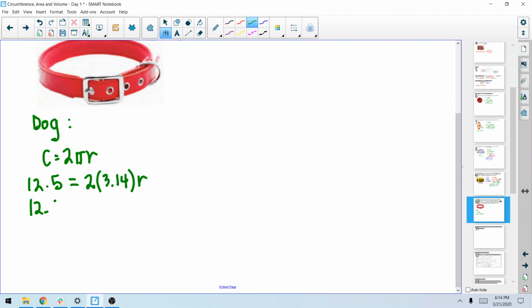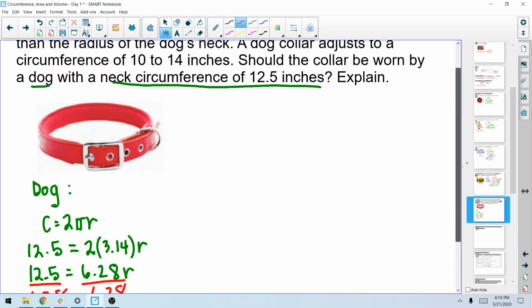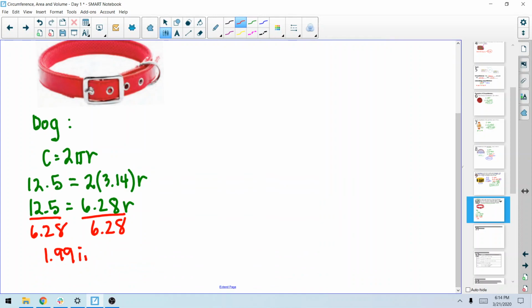So 12.5 equals 6.28 times r. And then I'm going to divide both sides by 6.28. So 12.5 divided by 6.28 is 1.99. And are we talking about inches here? Yes, inches. Is the radius of the dog's neck. Okay, keep a hold of that.